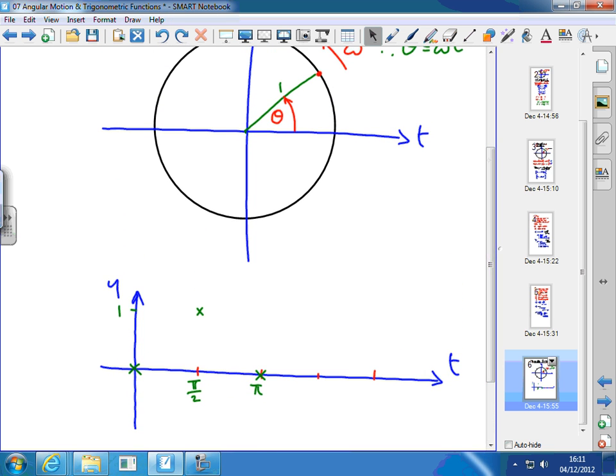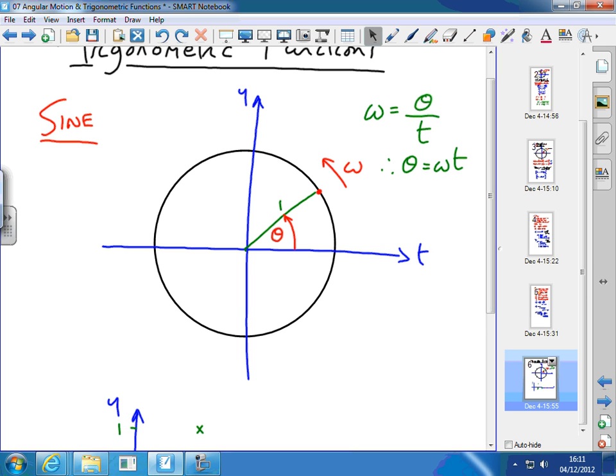We continue to rotate. But now as we come round here, we're going negative on the y-axis until we get to, what would this angle be? Measured from here, this angle, not quite.